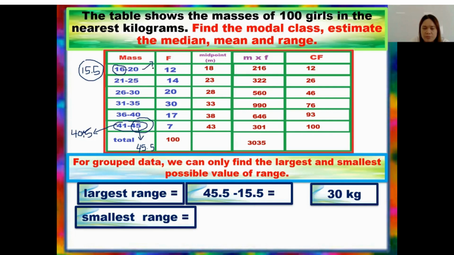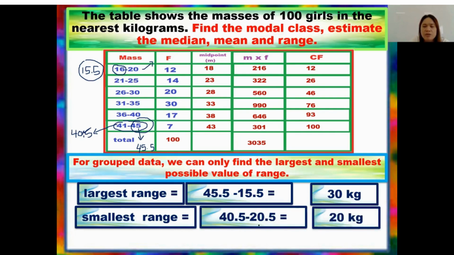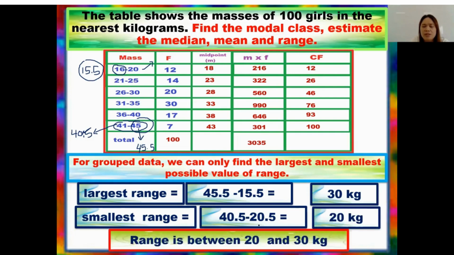It's 20.5. So we will just subtract 40.5 minus 20.5. And to subtract, we get 20 kilograms. So that means to say the range is between 20 and 30 kilograms. So it's not specific, unlike in the previous video.